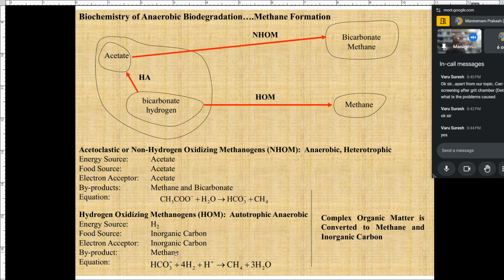And if HA are not present and HOM are present, that is, hydrogen oxidizing methanogens, then this bicarbonate will be directly converted into methane.